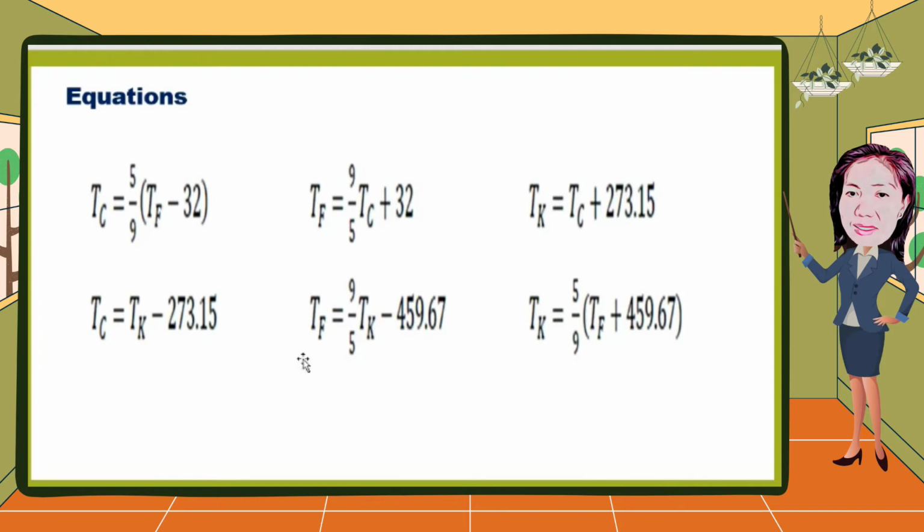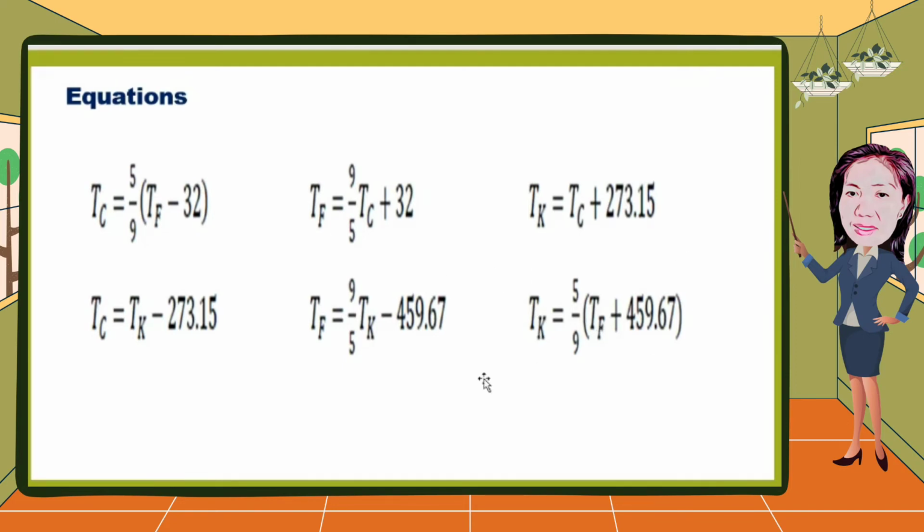Okay, another equation. If the Kelvin is given and you are asked to convert that to Fahrenheit, this is the equation. Temperature in Fahrenheit is equal to 9 divided by 5 times the temperature in Kelvin minus 459.67. What if the temperature in Fahrenheit is given and you are asked to convert it to Kelvin?